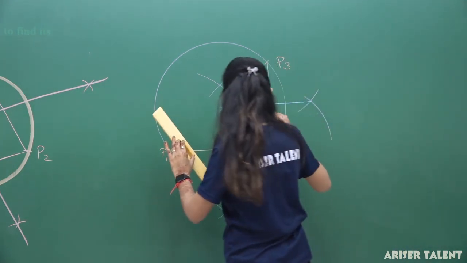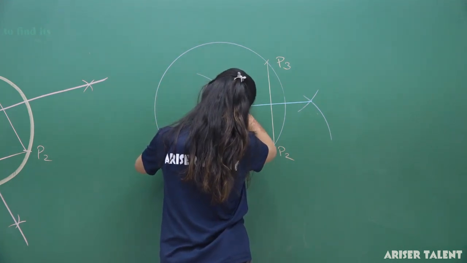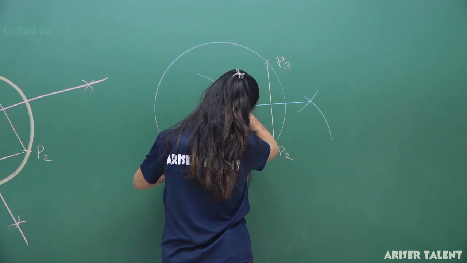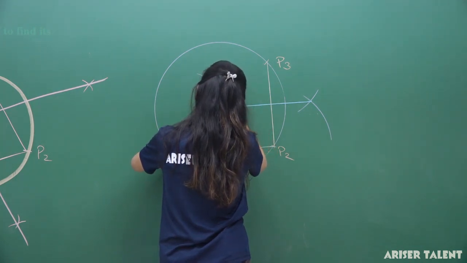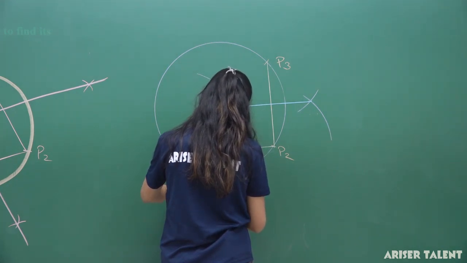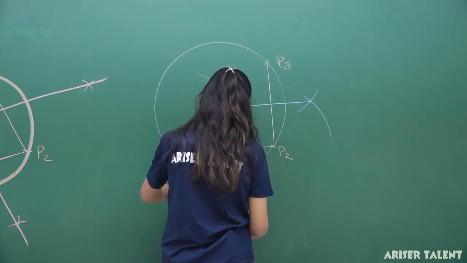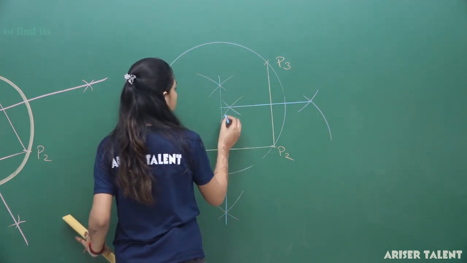Okay, so this is the one line and the second one is here. So this is the one line and this is the second line.